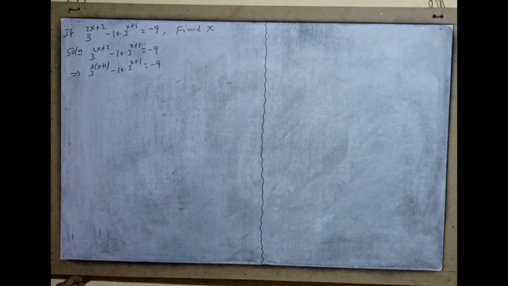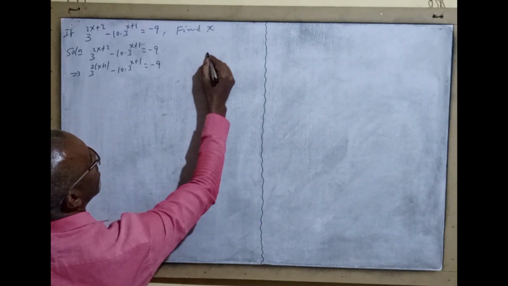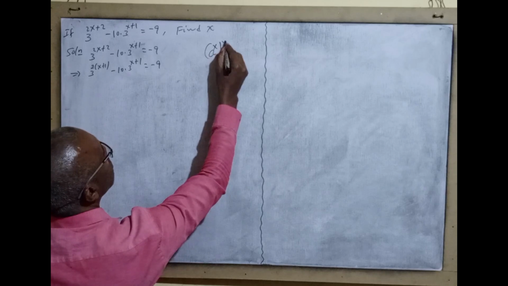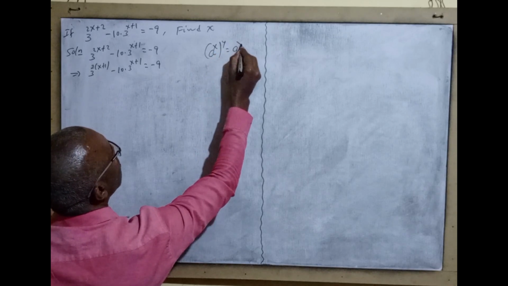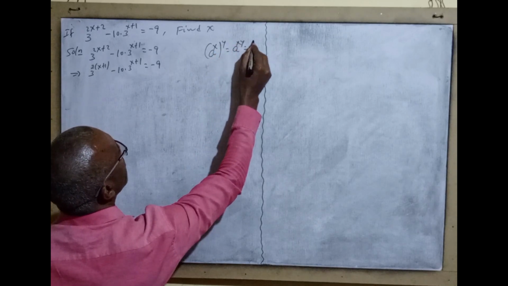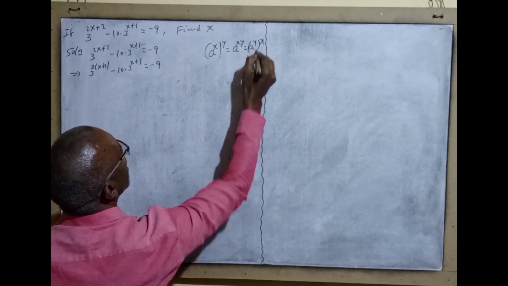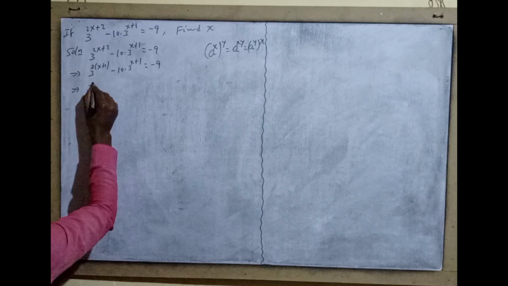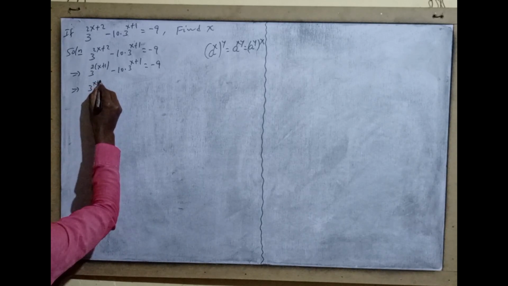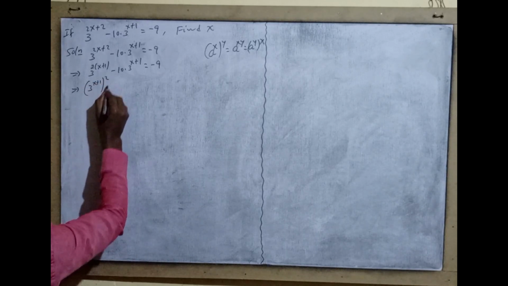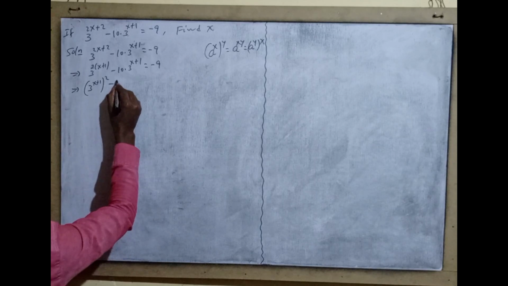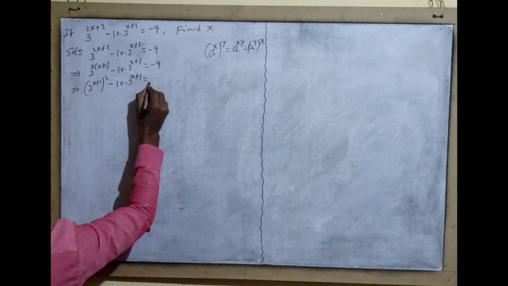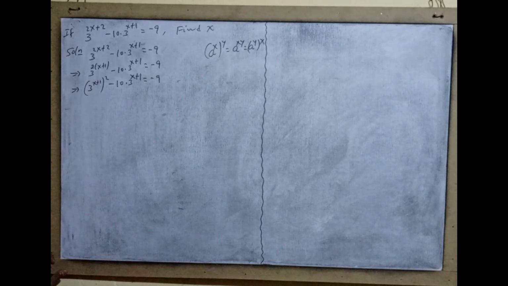Then, from properties of exponential equations, a^(xy) = (a^x)^y, or (a^y)^x. Therefore, (3^(x+1))^2 - 10 × 3^(x+1) = -9.